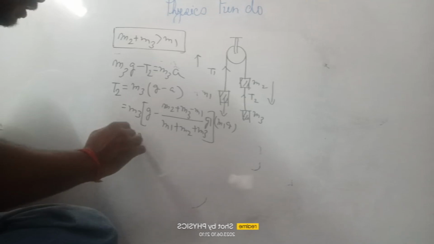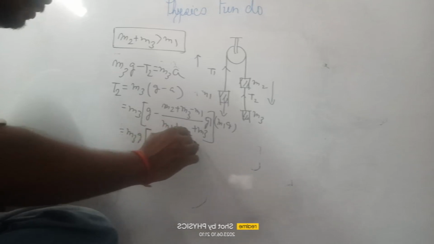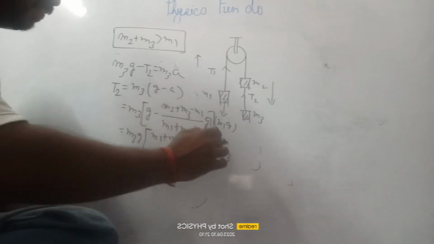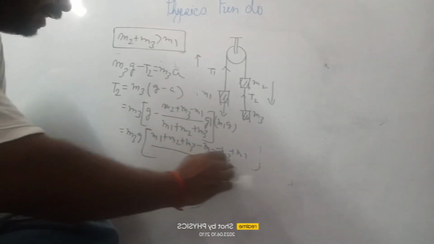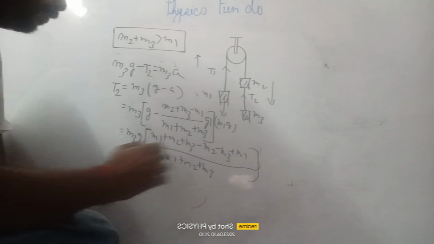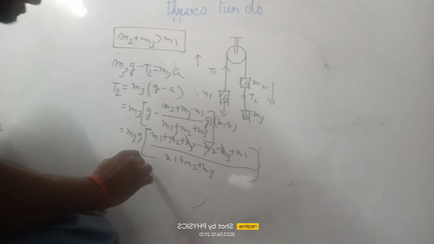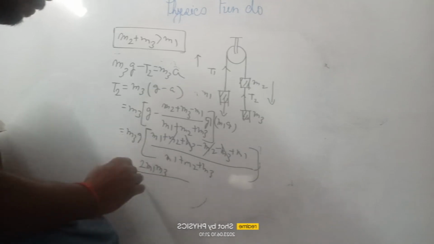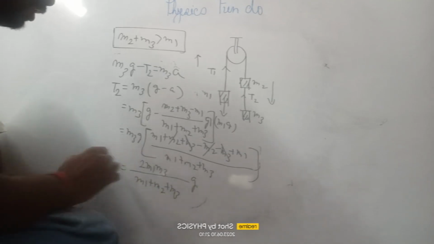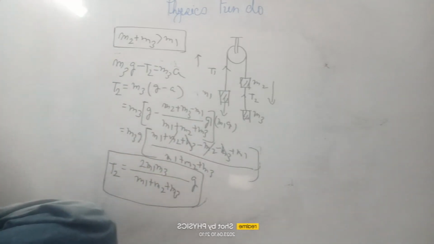That is m3g into, taking the LCM, (m1 plus m2 plus m3 minus m2 minus m3 plus m1) by (m1 plus m2 plus m3). So m2 cancels out, m3 cancels out. So we have 2 m1 m3 by (m1 plus m2 plus m3) into g. That is the tension acting on the string of the third block.